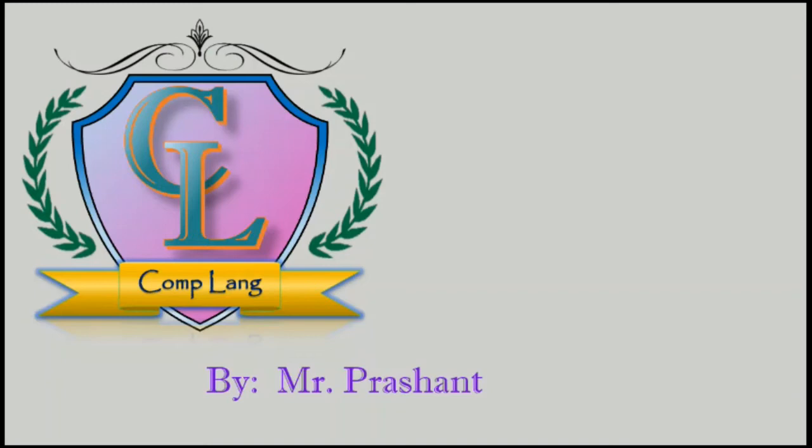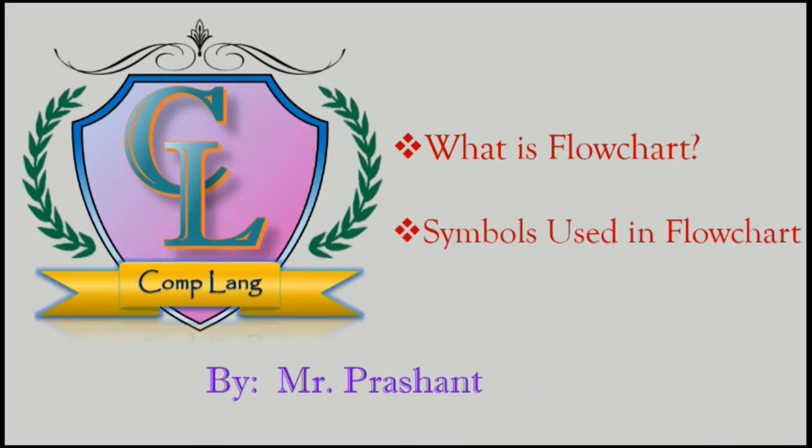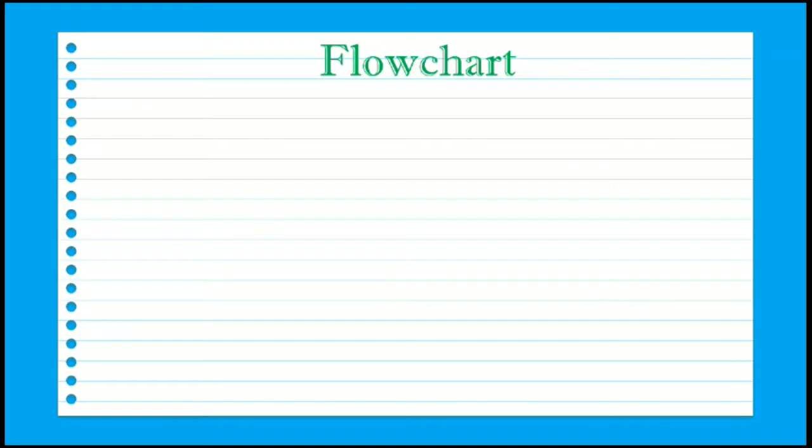Hello friends, in this video we will study what is flowchart and different symbols used in flowchart. So we already know how to create the algorithm. Algorithm is written to solve any given problem which follows step-by-step instructions.